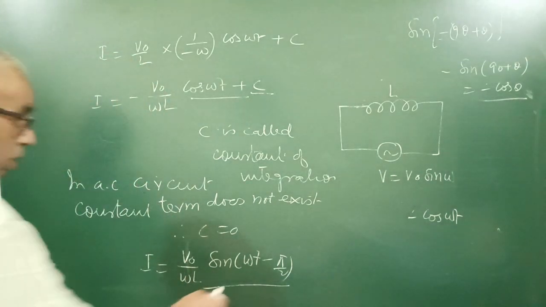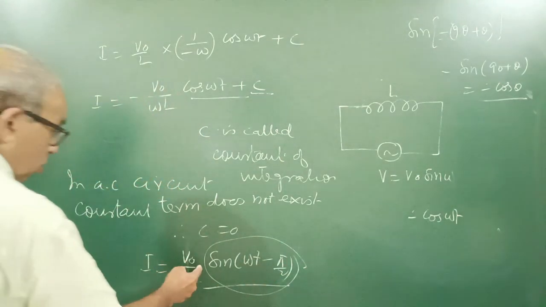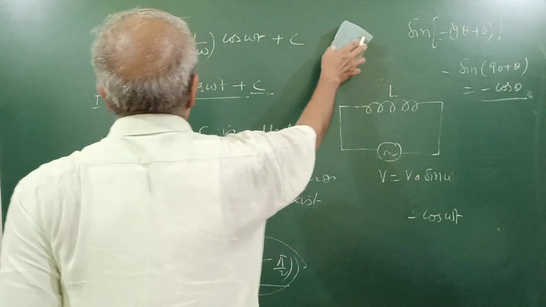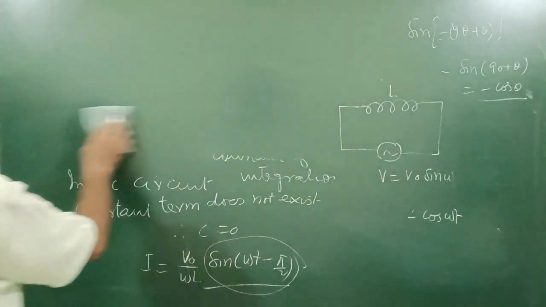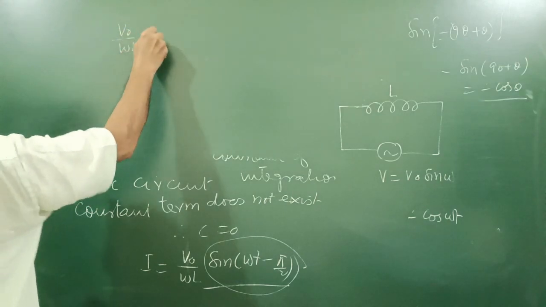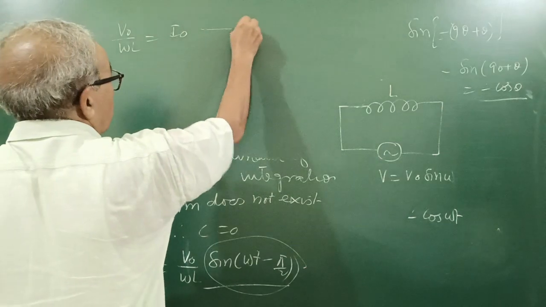Here, this is equation 1. So V0 upon omega L is dimensionally current. Now here V0 upon omega L is equal to I0, ये equation 2.